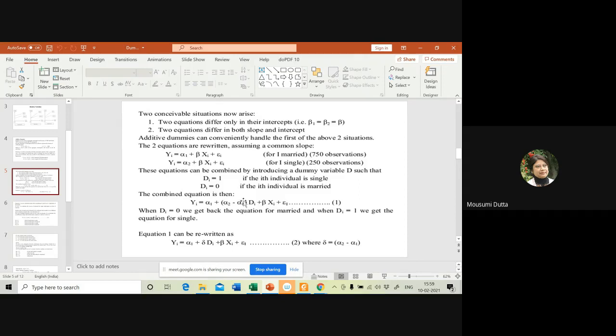With respect to the reference category, we will check the deviation of the intercept of the rest of the categories. So in a dummy variable analysis, when we have categories, we consider one category as the reference category, and we measure the deviation of the intercepts of the rest of the categories from this reference category.